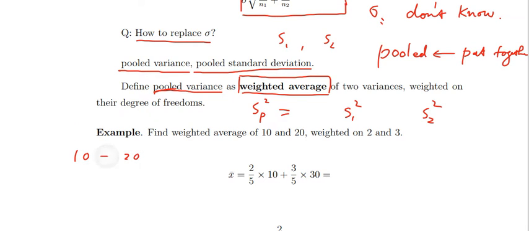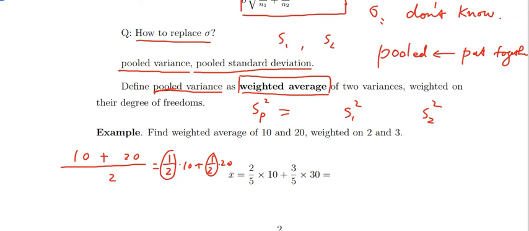Easy, we just add them up and divide by 2. We can write this as half times 10 plus half times 20, so we can regard this half as a weight. We weight these two numbers equally.